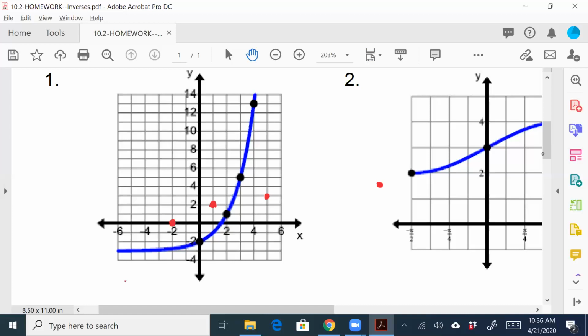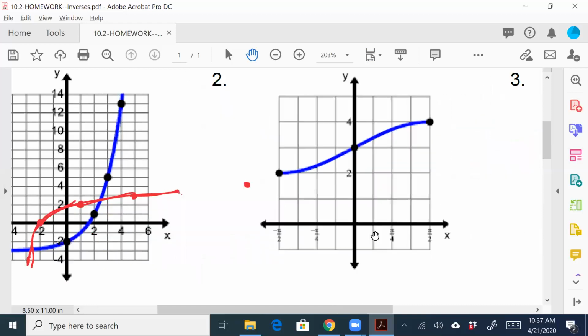So I'm going to go down here and hug negative 3 in x and draw this line, and that's sort of what it looks like. Does that make sense? Yeah. All right, let's look at the next one.